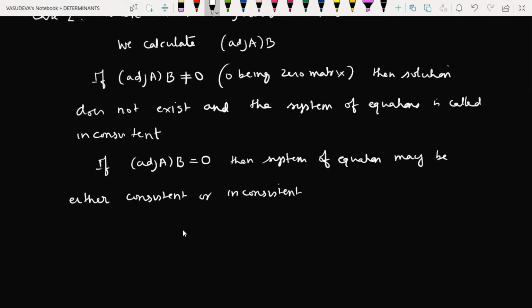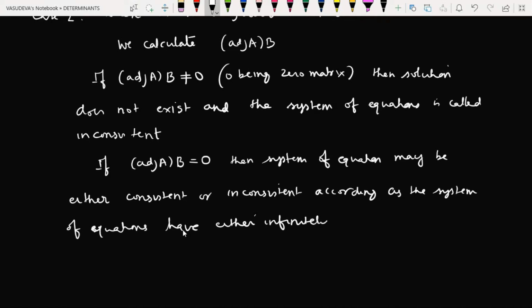So the system of equations is consistent or inconsistent according as the system of equations has either infinitely many solutions or no solution.